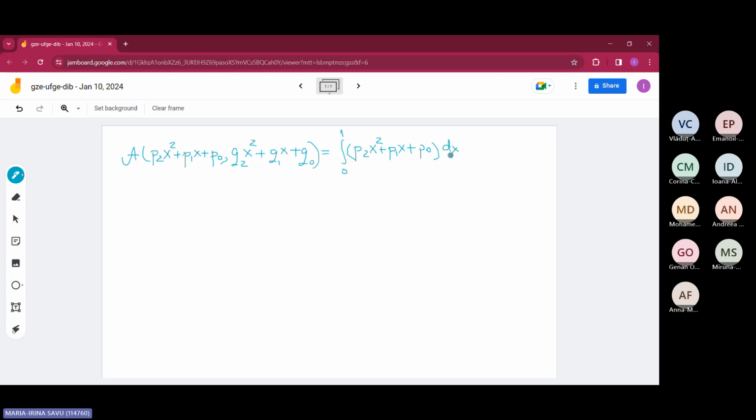Let me write the x, because the variable doesn't matter actually. I can write with no problems the same variable here and here.